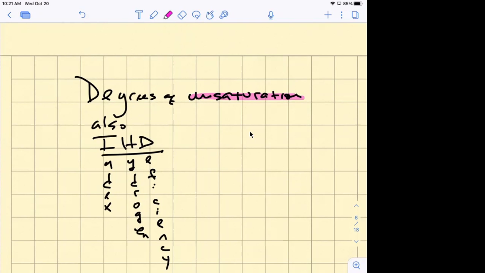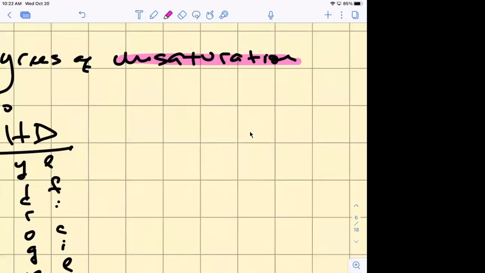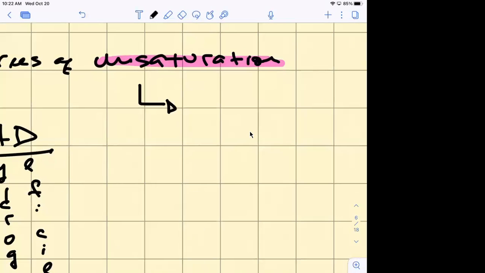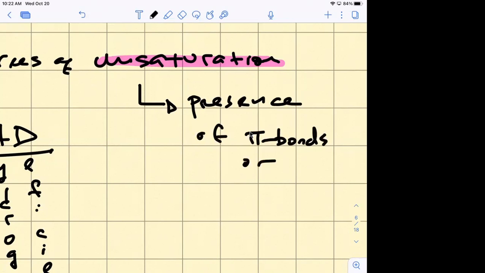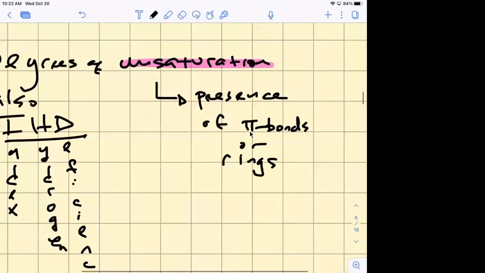Double bonds, triple bonds. But what this number would also tell us is the number of rings. So this is going to indicate the presence of pi bonds or rings. And I'll show you why I'm saying that.